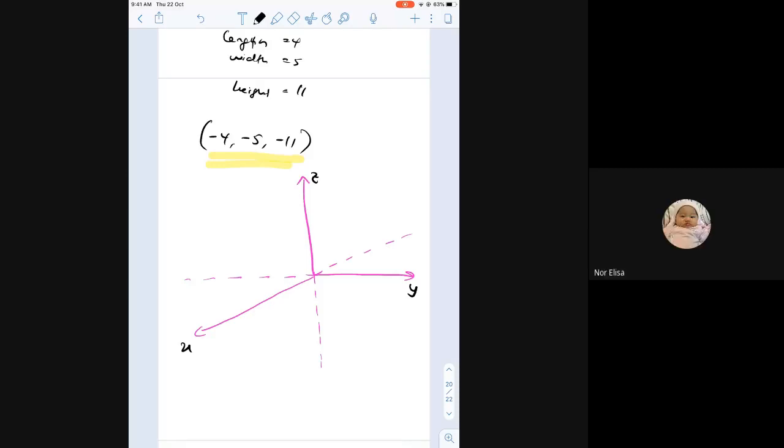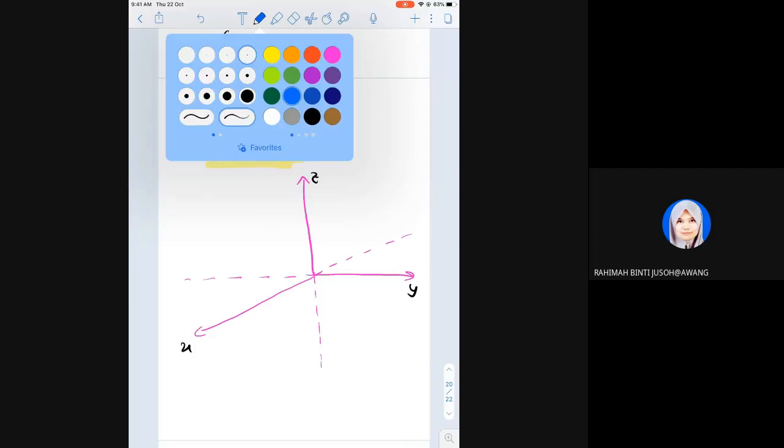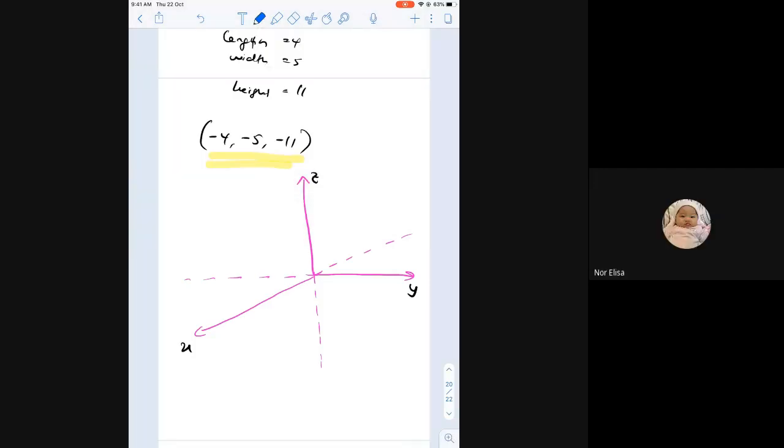Okay, now slowly I will use the blue color. Slowly kita start with the origin first. Start from the origin 0, 0, 0. Okay, and then we look at the x coordinate is negative 4. Negative 4 means at the back. So we move from 0, 0, 0 to negative 4 at the back, like this.